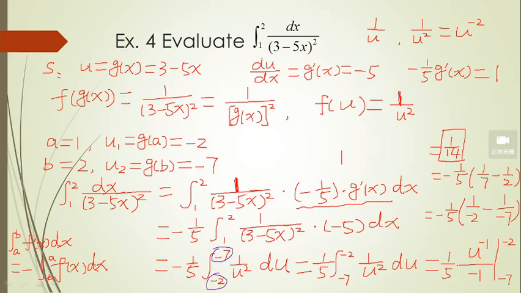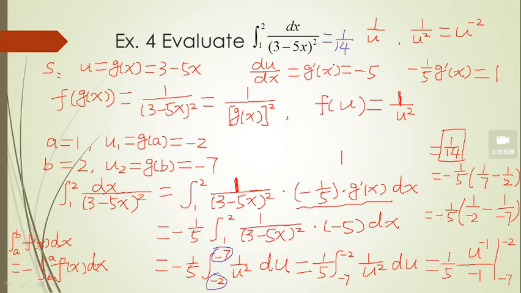So we introduce the extra minus. The extra minus with this minus cancel out, becomes plus. Then finally we get the answer is 1 over 14. So this definite integral will be 1 over 14.